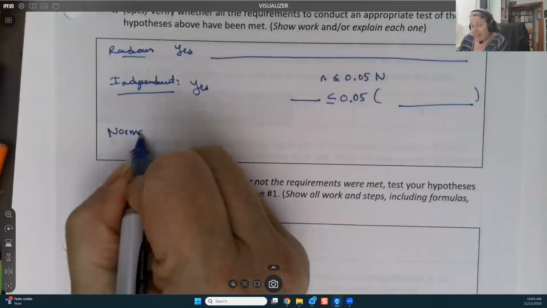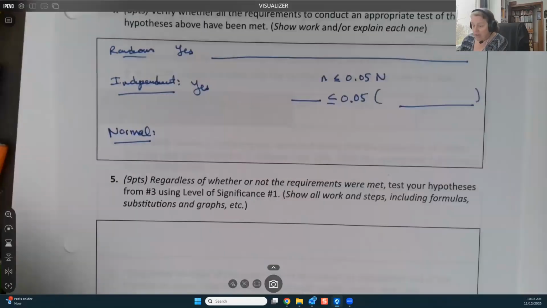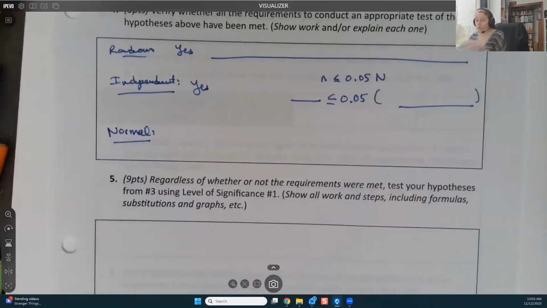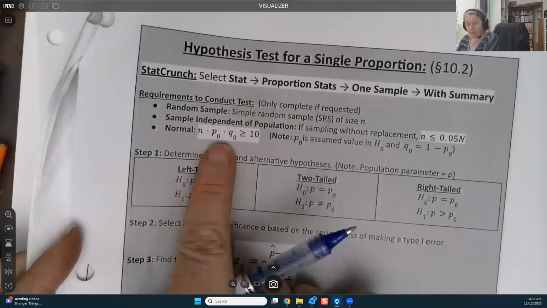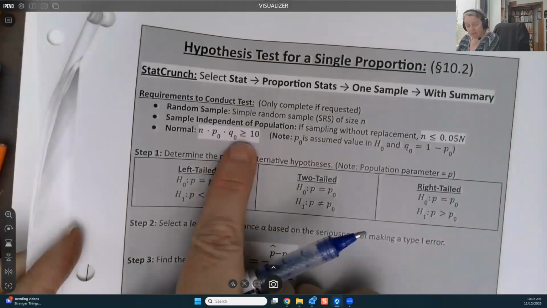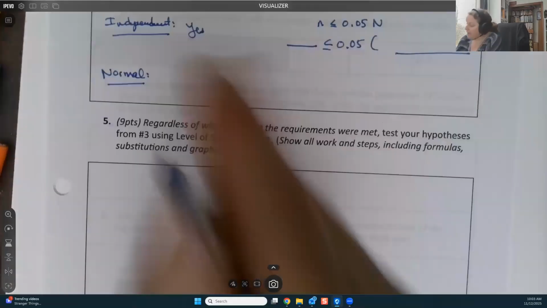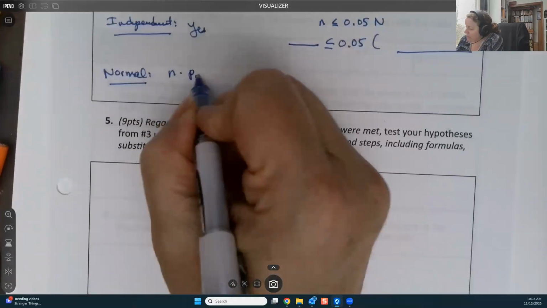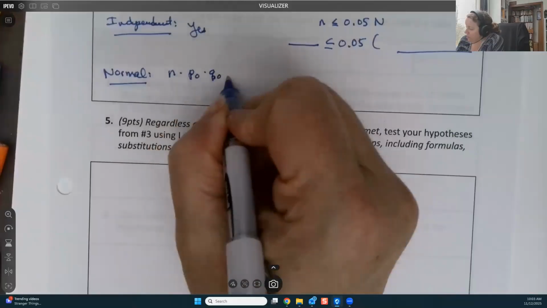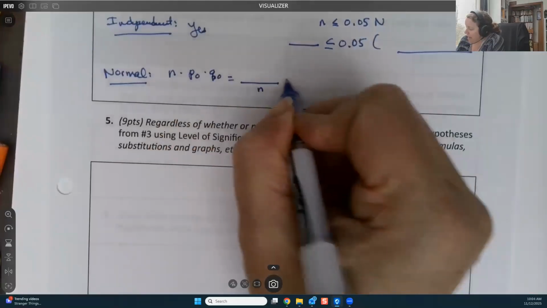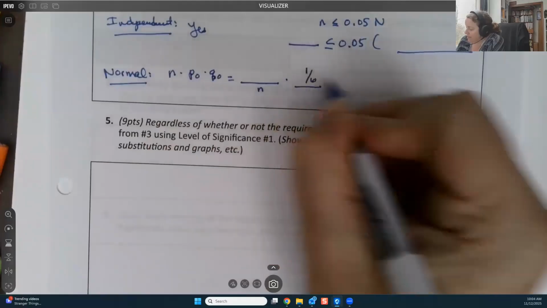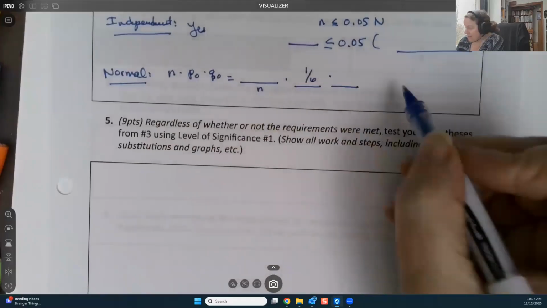Normal might be yes, might be no. We just went over this. Normal is n times p0 times q0. Those are fractions, so it's n times p0 times q0, which is n times 1/6 times.